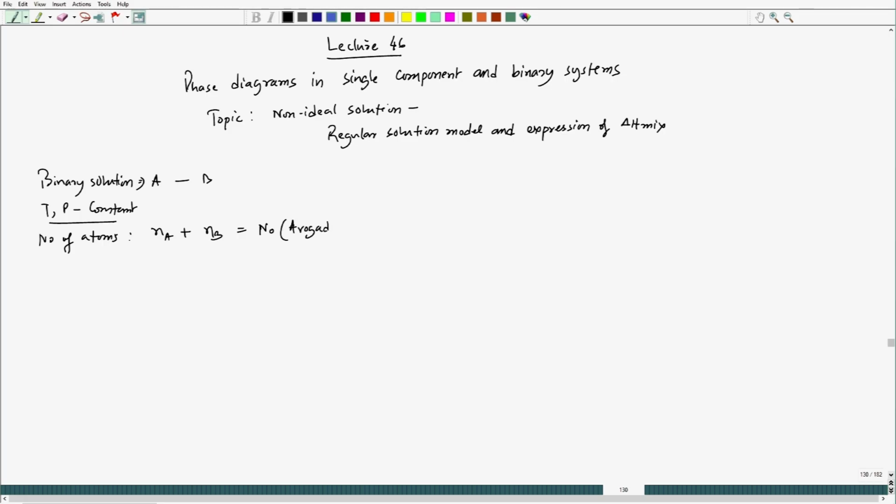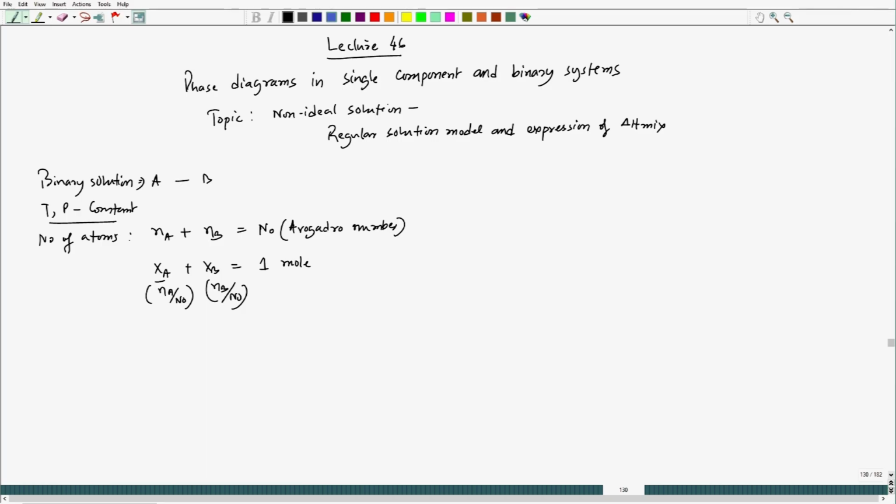So, that means we are considering 1 mole of solution, and in fact, we have found out Xa mole fraction and Xb, and if we add them together, it becomes 1 mole. Xa and Xb are basically Na divided by N0 and Nb divided by N0. So, that yields the mole fraction of A and B in the solution.